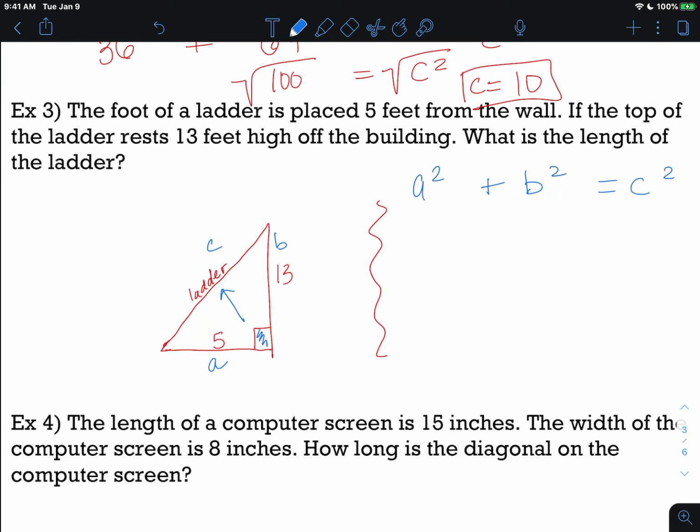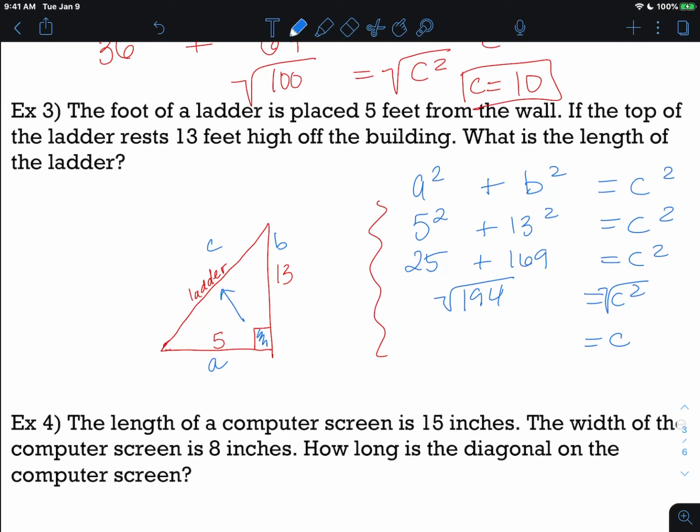So I'll go ahead and say 5 squared plus 13 squared equals C squared. 25 plus 169 equals C squared. 194 equals C squared. Let's take the square root of both sides. C equals, this isn't a perfect one, so I'm going to type this one in my calculator. 13.92. And there's my answer.